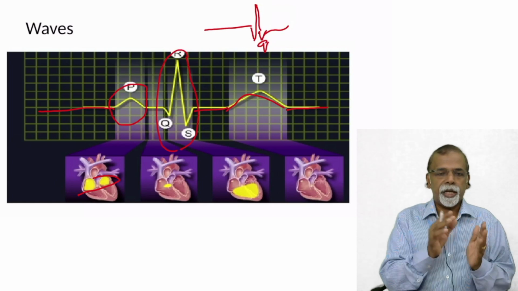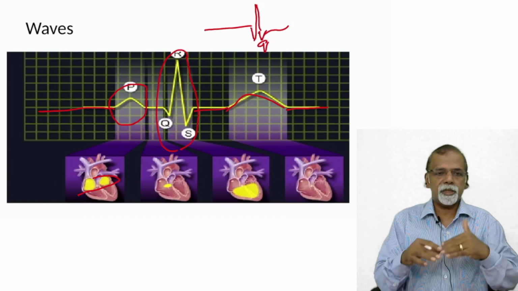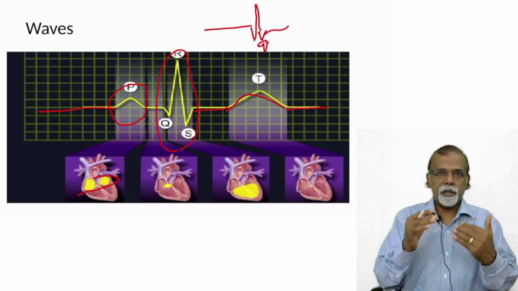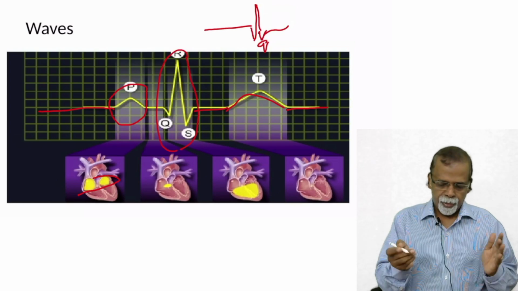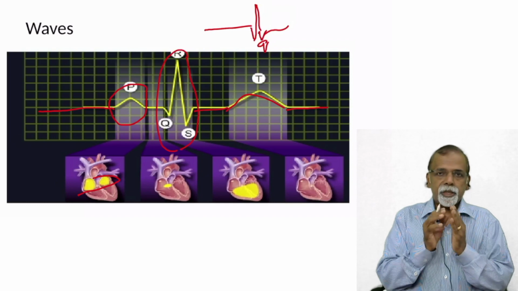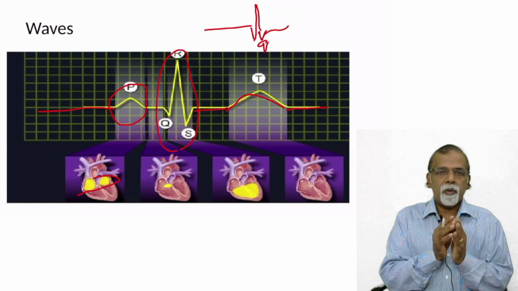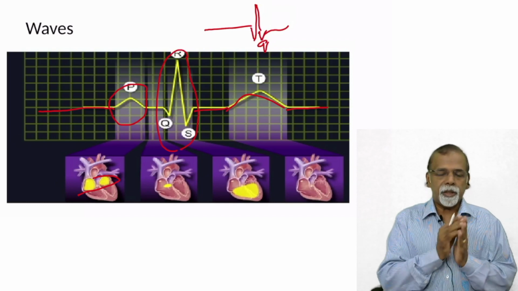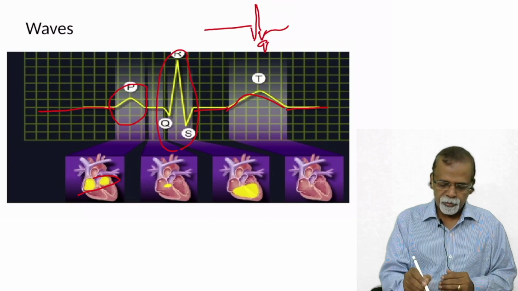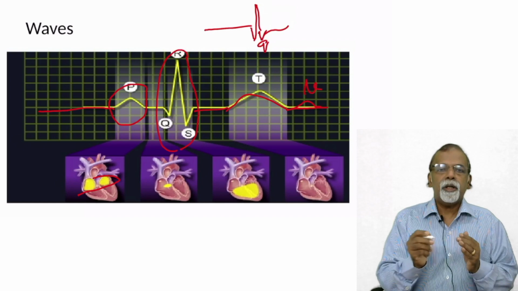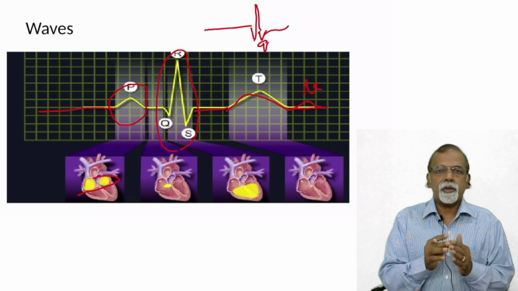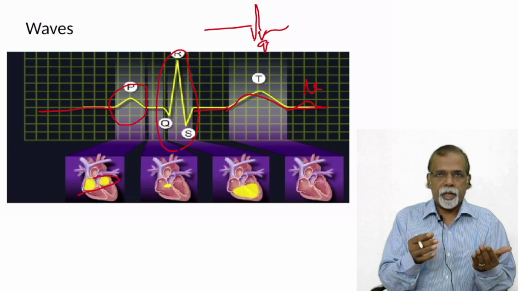Usually it follows the direction of the QRS complex: if the QRS is positive, the T wave will also be positive in that recording. And sometimes we can get a positive wave after the T called the U wave, due to repolarization of the conducting system.